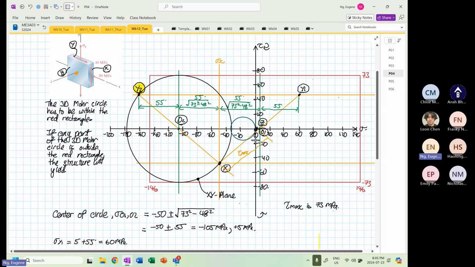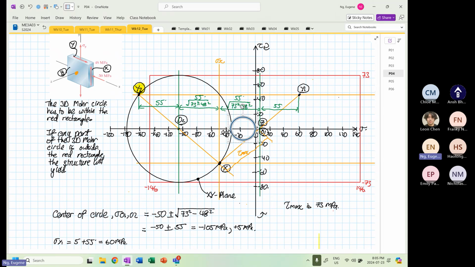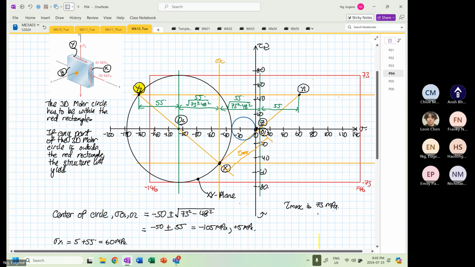Okay, so this is the next circle. Some of you might say, Eugene, what is this circle called? This circle over here belongs to the XZ plane.